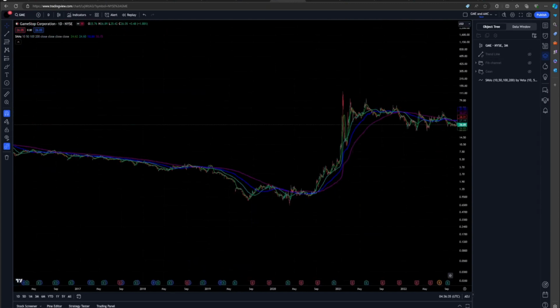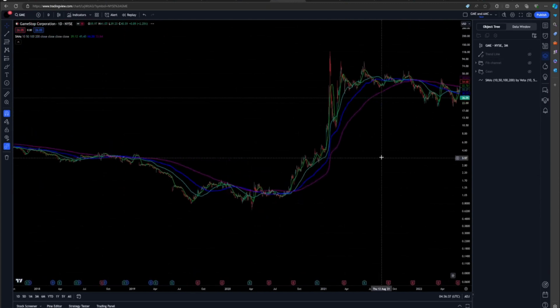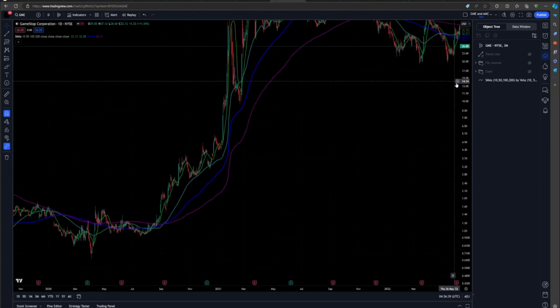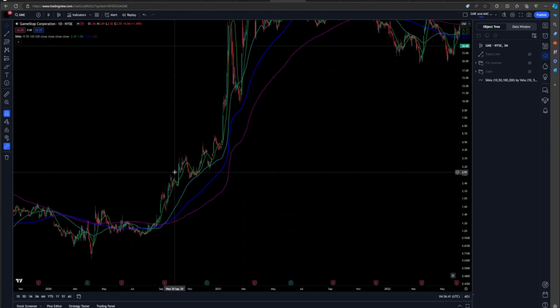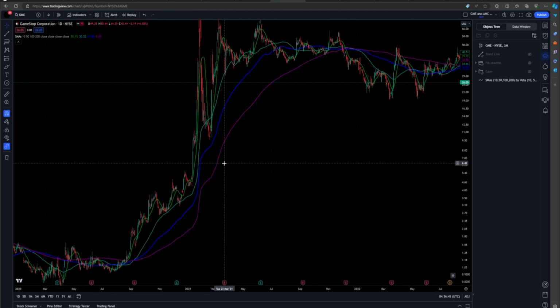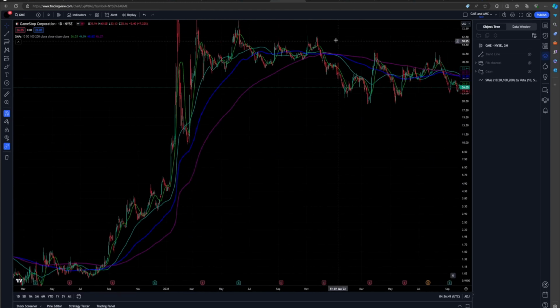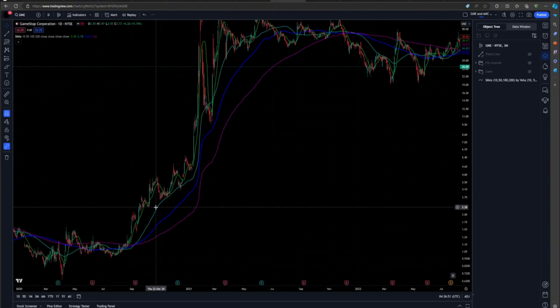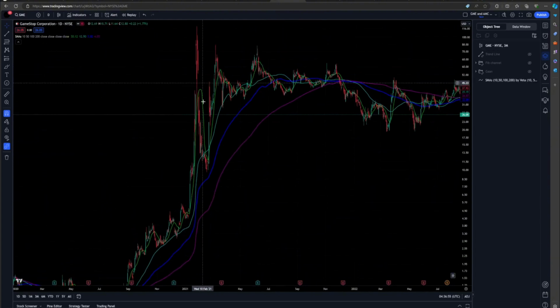And if we zoom in on 2021, you actually saw the same exact thing. You broke through all of your SMAs, and then you never revisited your 100 or 200 SMA until much later in price history, and you basically used your 50 and 10 SMA to ride all the way to the top.